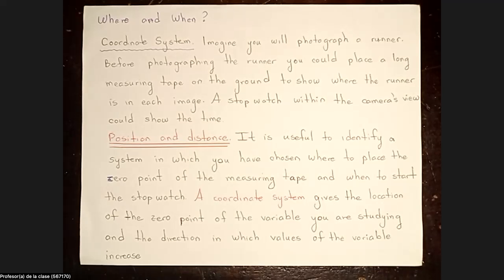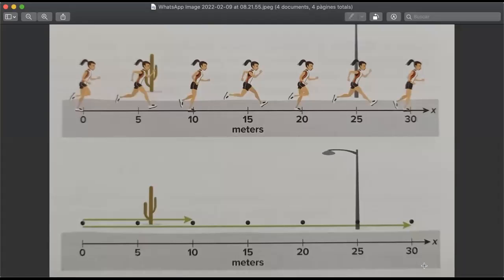Okay, so a coordinate system gives the location of the 0 point of the variable that you are studying and the direction in which values of the variable increase. So back to the imagination picture that I have here.